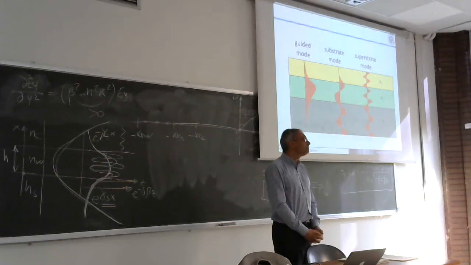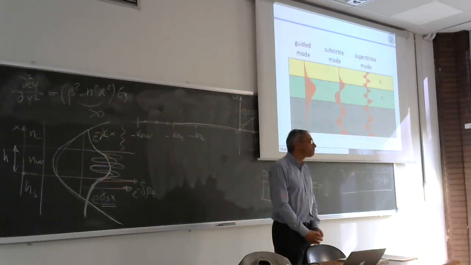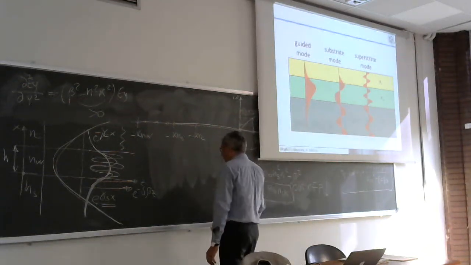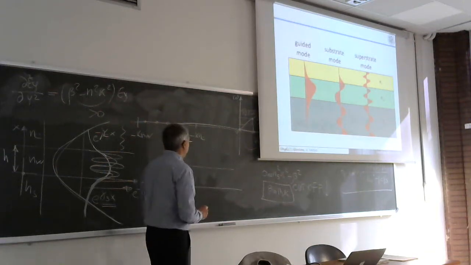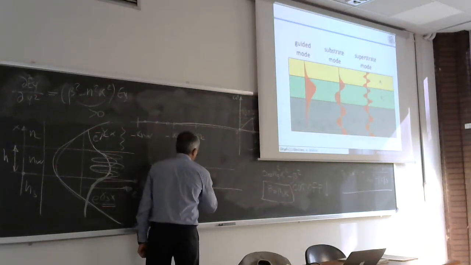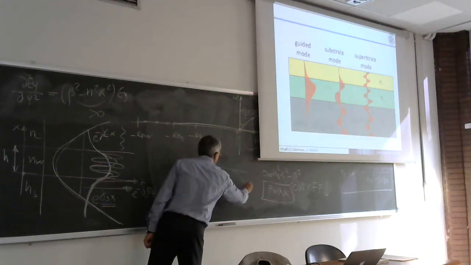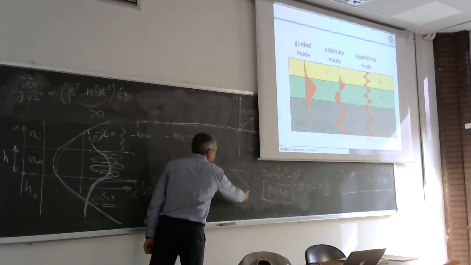You mentioned radiative mode, and right now I see the substrate and superstrate. What can you do with this? If you like the ray optics explanation of yesterday, the guided mode is something where you have total internal reflection at every point.